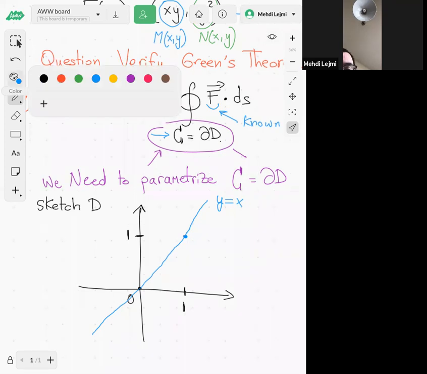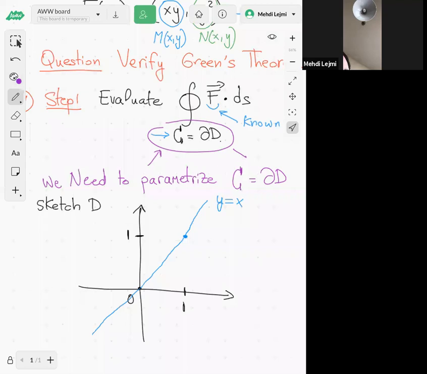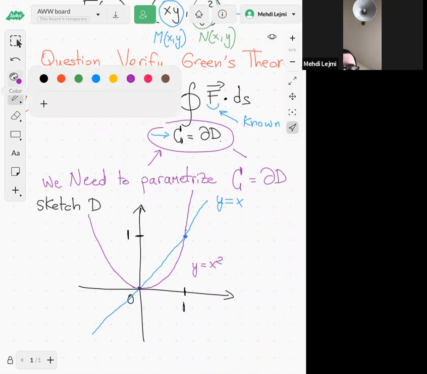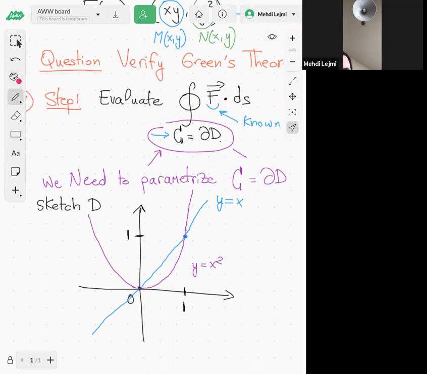But after 1, x squared will be larger than x. So this is y equals x squared. My region D is bounded by these two equations. So here is my region D.